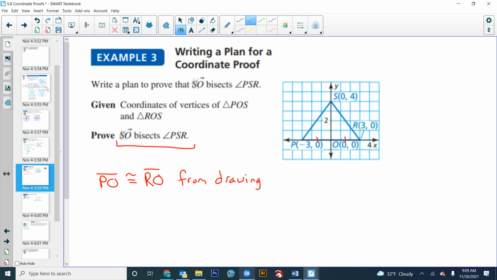Now, I say from the drawing, but do you agree those cannot change? They didn't label them K, 0 and -K, 0. They called them -3, 0 and 3, 0. Yes? So they're fixed. What else can we tell from the picture?